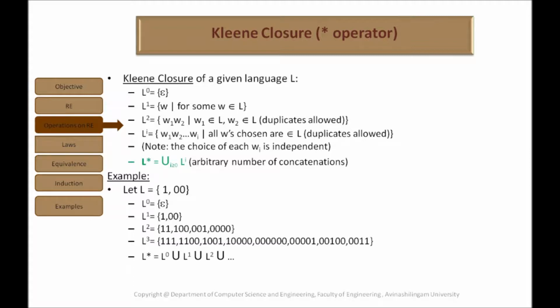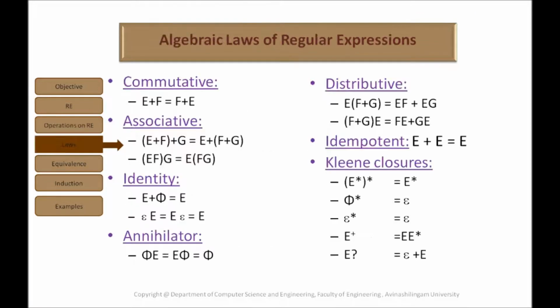Next we see the algebraic laws of regular expressions. There are 7 laws. One is commutative law, associativity law, identity law, annihilator law, distributive law, idempotent law, and Kleene closures law. First one is commutative law.